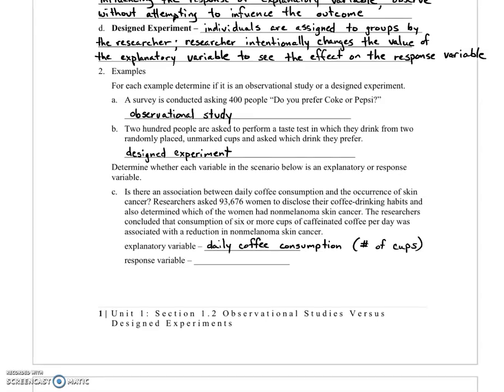And they're getting different answers from different people because different people drink different amounts of coffee. The response variable is what we're seeing if it changes based on coffee consumption. So that would be the occurrence of non-melanoma skin cancers.